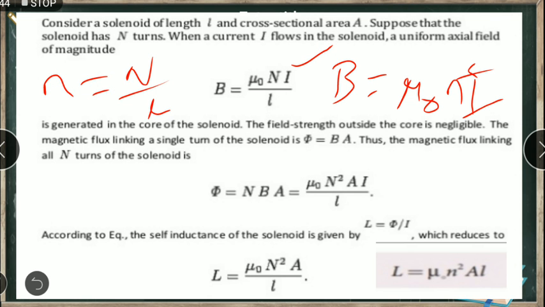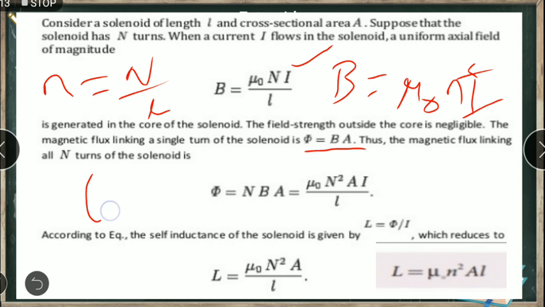The uniform magnetic field is generated in the core of the solenoid. That expression is given by what? B is equal to mu naught N I divided by L. The field strength outside the core is negligible. The magnetic flux linking a single turn of the solenoid is given by phi equal to BA.